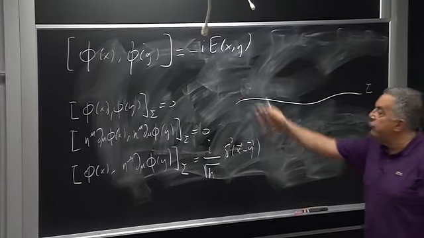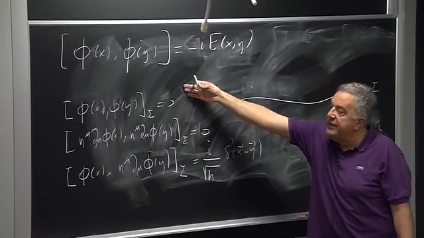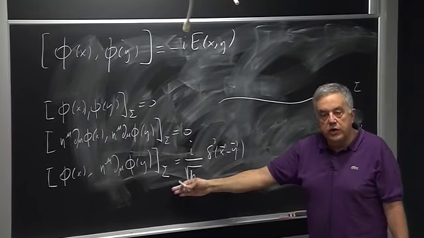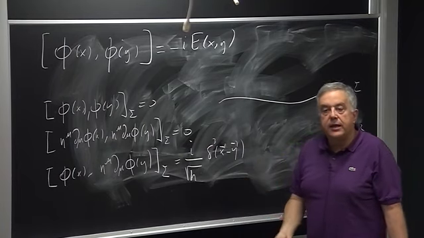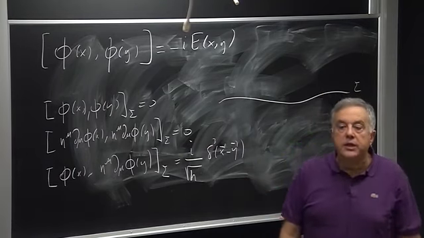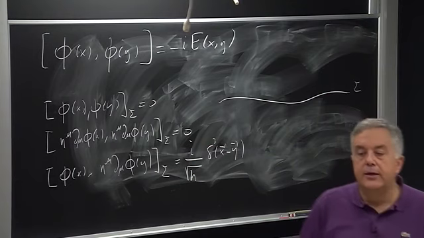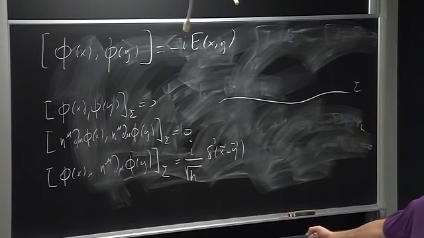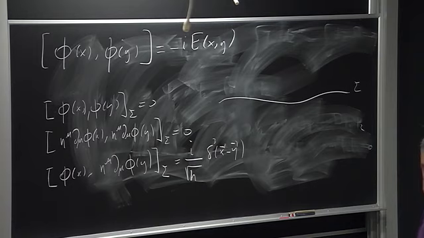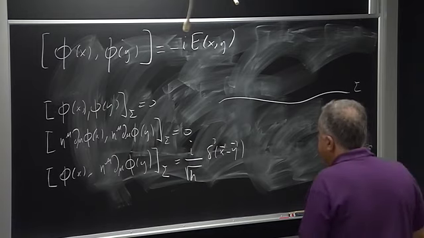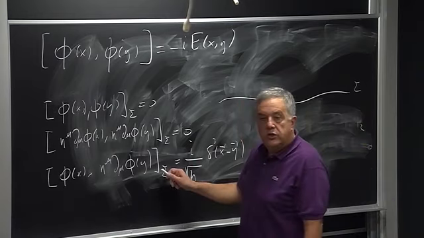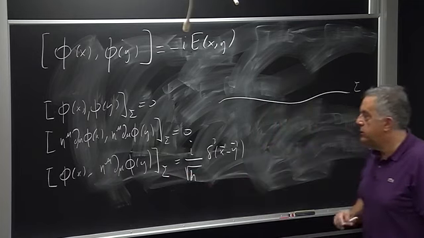But if you write the equal time commutation relation this way, you can wonder whether the way you wrote things is covariant or not, meaning if it depends on the choice of sigma or not.